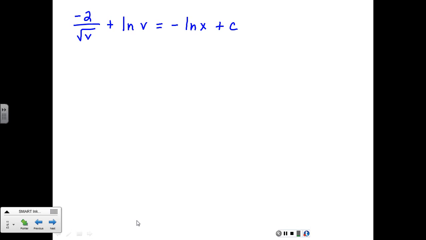I am now going to put in my substitutions. What are we going to substitute for v? Y over x. So negative 2 over the square root of y over x plus natural log of y over x.